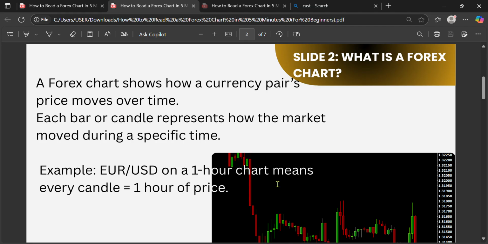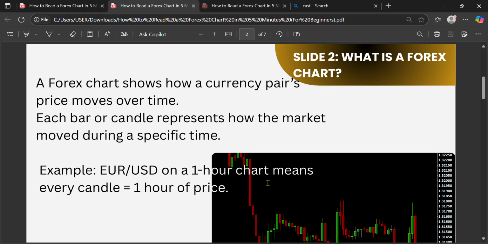As you can see, the display here where we have each one of those candles, each candle represents the amount of time it takes to form. For instance, we have different time frames: 1 minute, 5 minutes, 15 minutes, 30 minutes, 1 hour, and the rest of them.